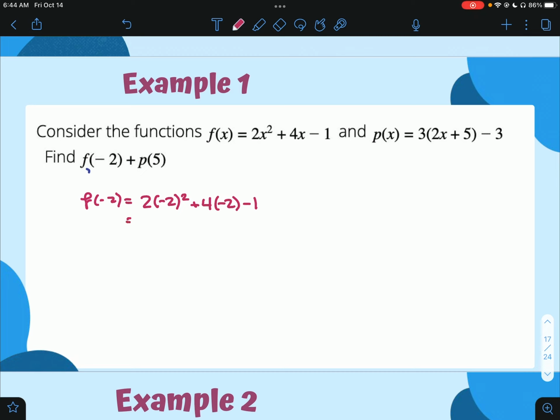I can grab my calculator and simplify. However, just in case you need it, remember exponents come first, so we have 2 times 4 plus 4 times negative 2 minus 1. Well, this gives us 8 minus 1, so negative 1. So f of negative 2 is equal to negative 1.